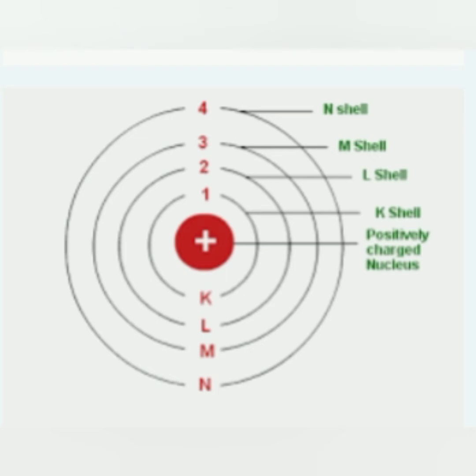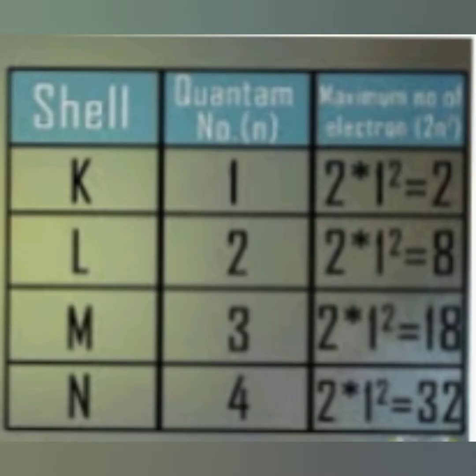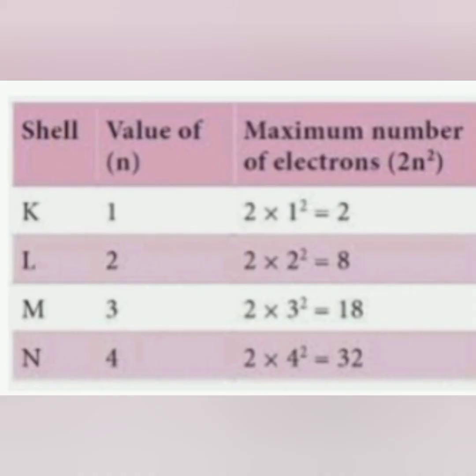Niels Bohr and Charles Bury proposed certain rules for the distribution of electrons in different cells of an atom. This is known as the Bohr-Bury scheme of electronic configuration. First one, the maximum number of electrons in each cell or orbit is determined by the formula 2n², where n is the number of the cell. Means in the first cell, n is equal to 1, the number of electrons is 2 into 1 squared, equal to 2.